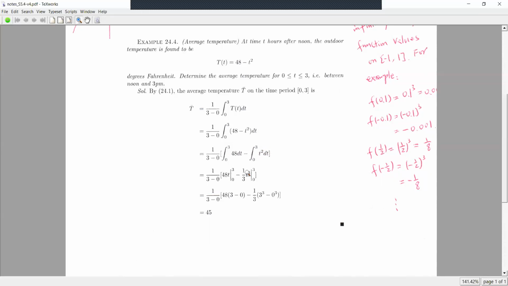The anti-derivative for t squared is 1/3 t to the third. This step is the fundamental theorem. Now, plug in the number 3 for t, plug in 0 for t, then we get this equation. With a calculator, we get 35. So between noon and 3 p.m., the outdoor temperature average is 45 degrees.